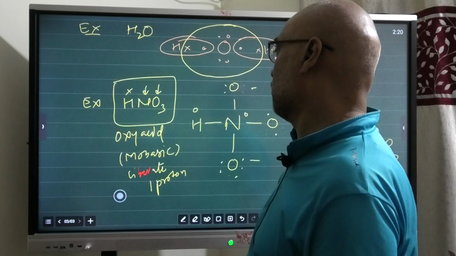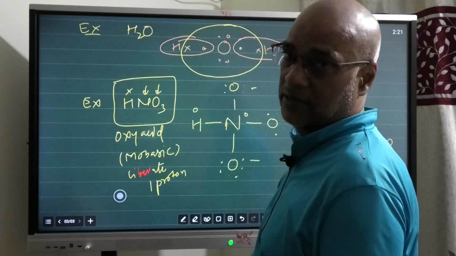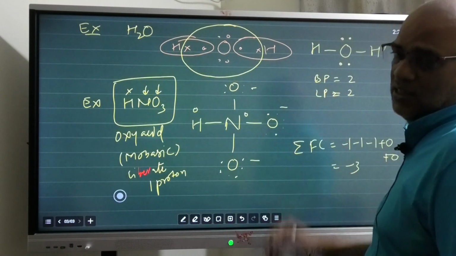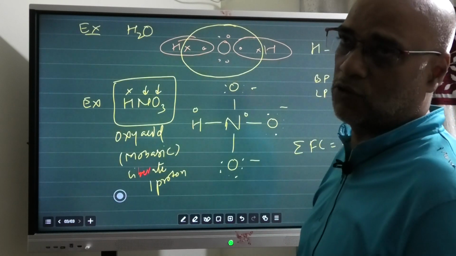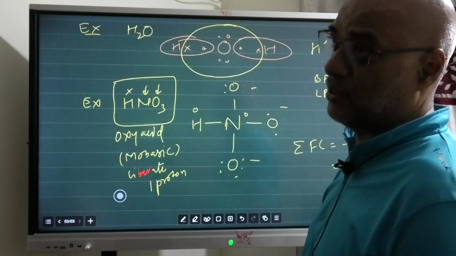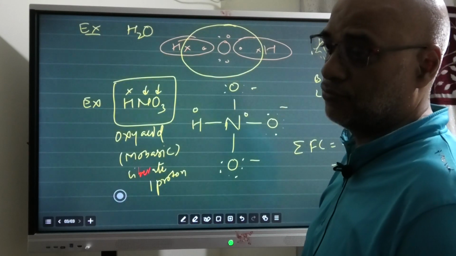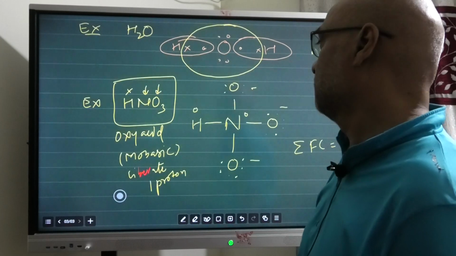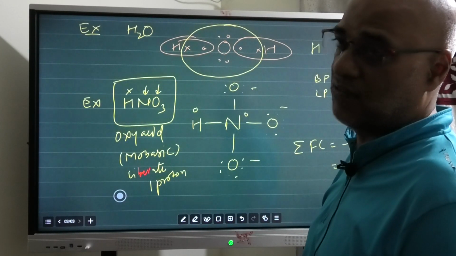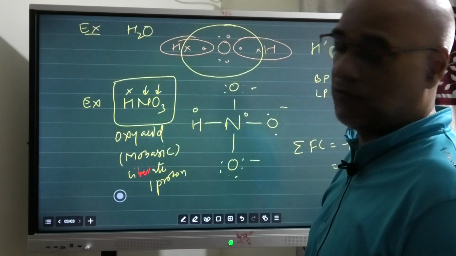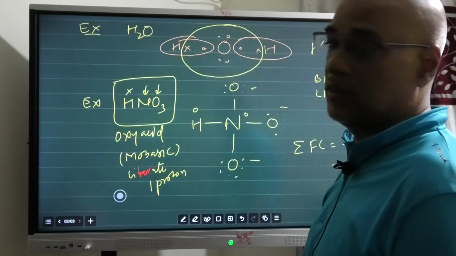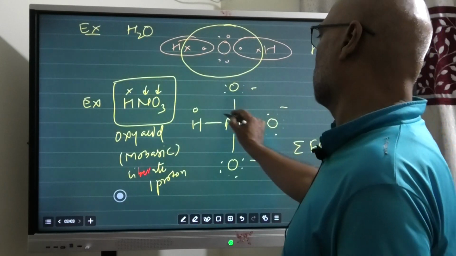And how to get the formal charge, that we can also decide. Basically the formal charge concept is used to decide the correct layout of the molecule, the correct arrangement of the atoms in a covalent molecule obviously. If it is correct, then it will follow the formal charge rule, otherwise it will not follow it.